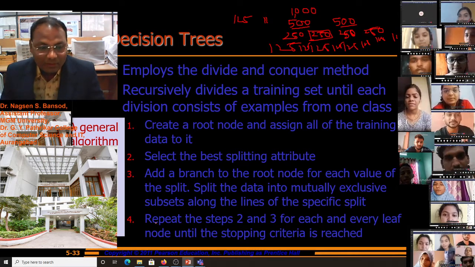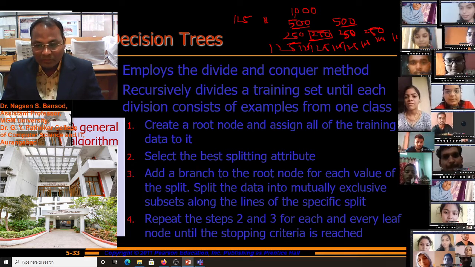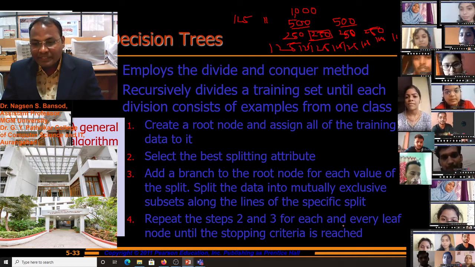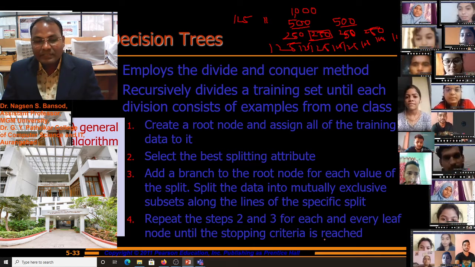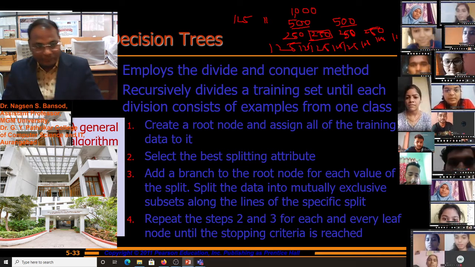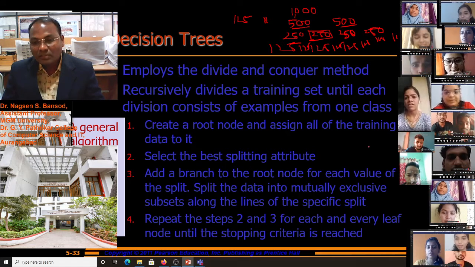Then repeat step 2, select the best split attribute, and step 3 for each and every leaf node until the stopping criteria is reached. This is the general algorithm for decision tree building.